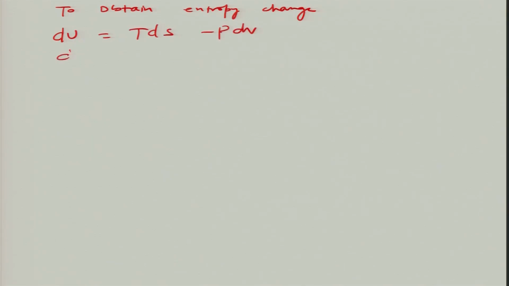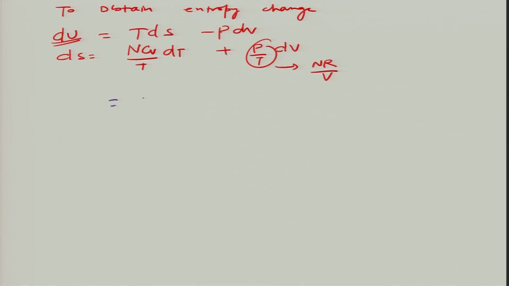If we divide by T, I can write dS, and represent dU as nCv dT. Then this becomes nCv dT by T plus P by T dV, which I can write from the ideal gas equation of state as nR by V. So I now have an expression: dS equals nCv dT by T plus nR dV by V.